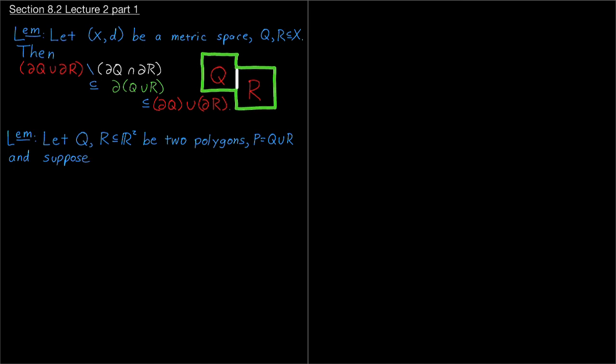And we're going to suppose that we're really putting these polygons together by gluing them along the boundary. So the intersection of the two polygons is equal to the intersection of the boundaries. So there can't be any points in the interior of Q that are also points in the interior of R, or even points on the boundary of R.